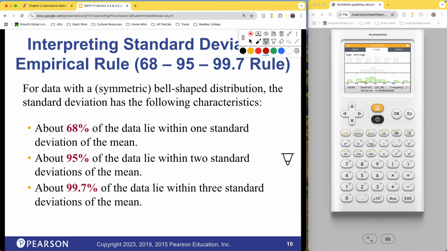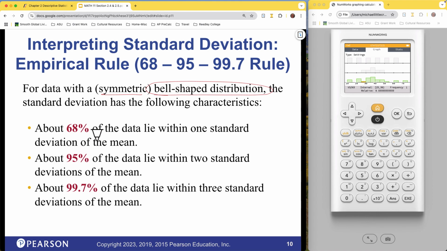Okay, now we're going to look at histograms, if we have a frequency chart, a frequency graph, histogram, that is bell-shaped. So it's got a special characteristic because it is symmetric, it's bell-shaped.